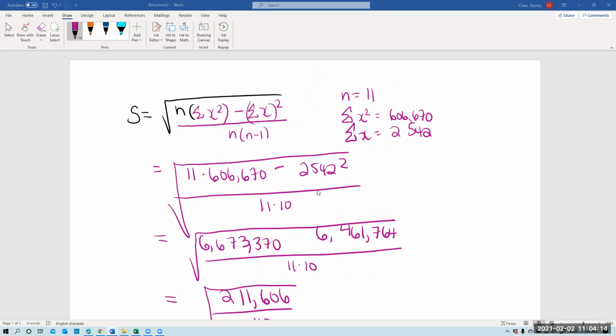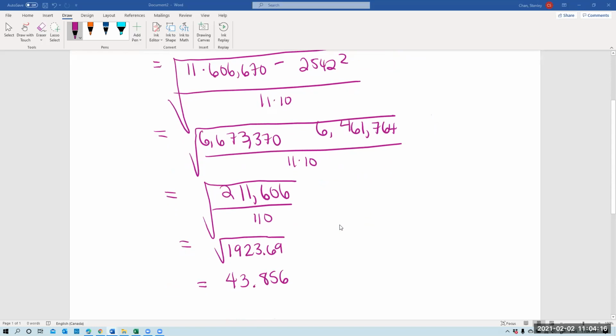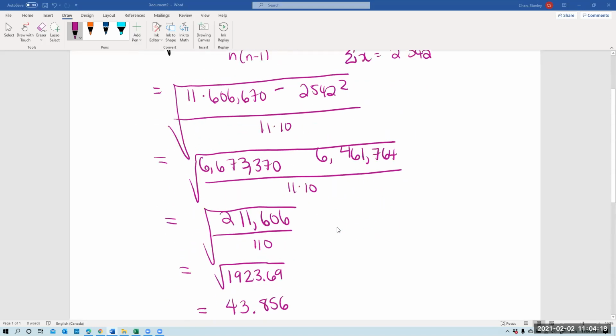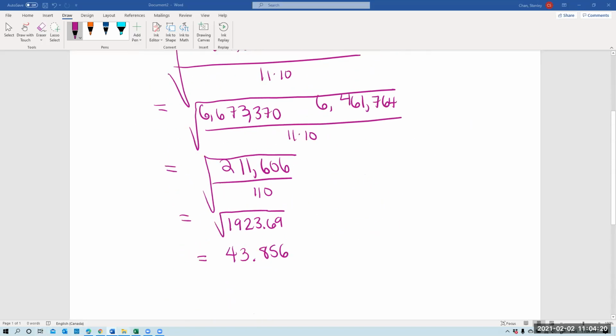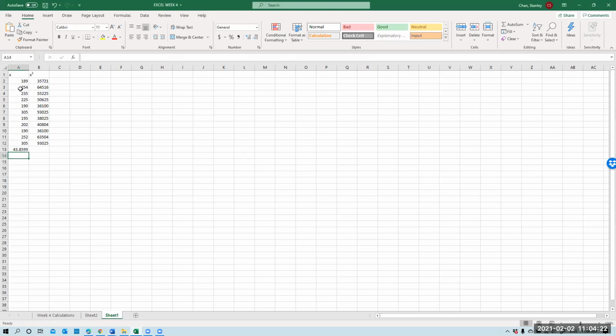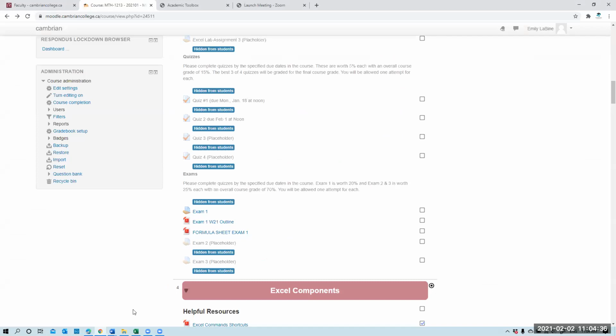Some people like the longhand, but Excel is actually just so much easier. You just input the numbers, type in the formula and hit enter, and it takes less than 2 seconds. All right, so let's go back to our notes.